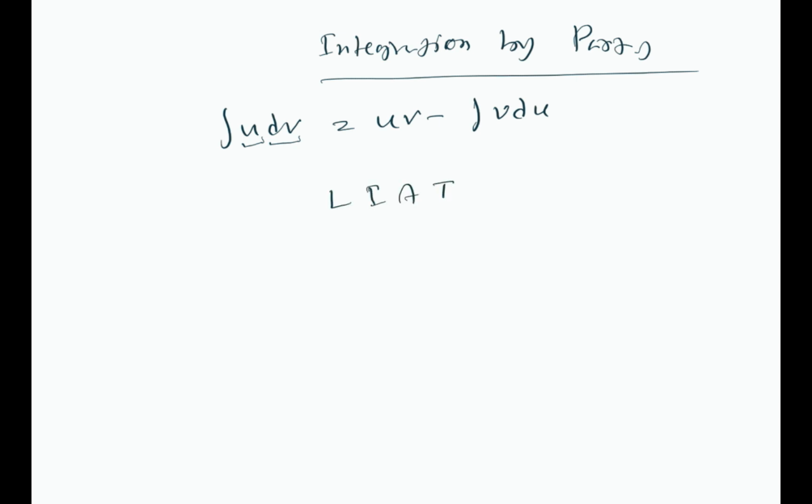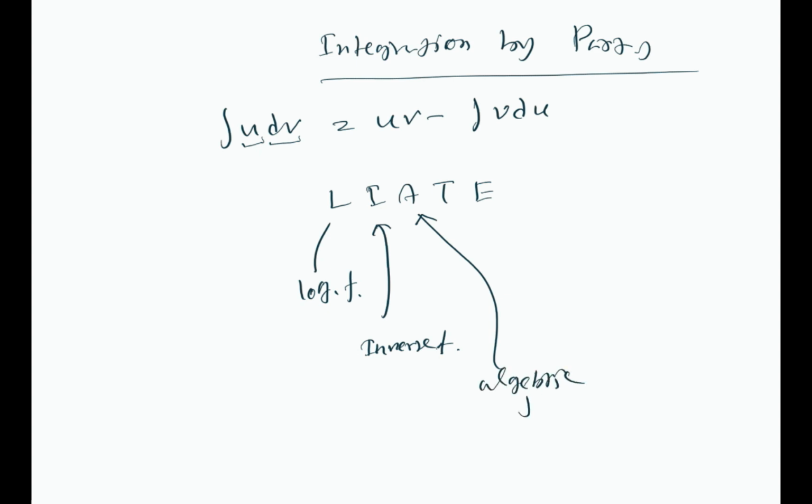To choose these two, we have one rule, which is LIATE. What represents what? Let me label them. L is for logarithmic function, I is for inverse function, A is for algebraic function, and E is for exponential function.